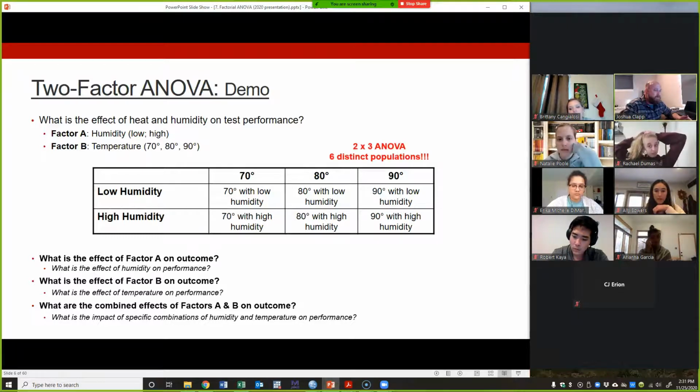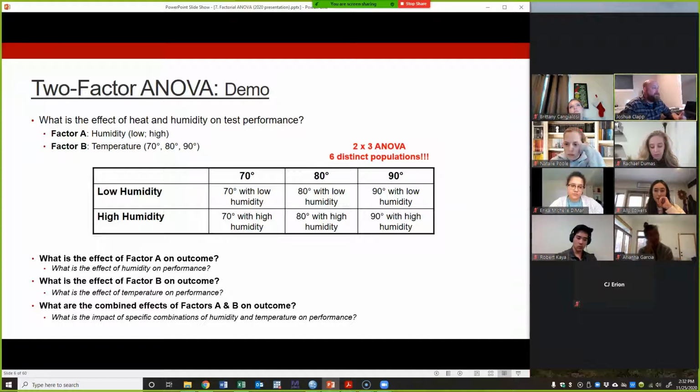Okay. So again, we want to be careful, as it becomes really easy to get really complicated designs. Like, I've got 5 different factors that I want to account for, each with 2 or 3 levels. These will get out of control real fast, right? So even this is a fairly simple 2x3 design.